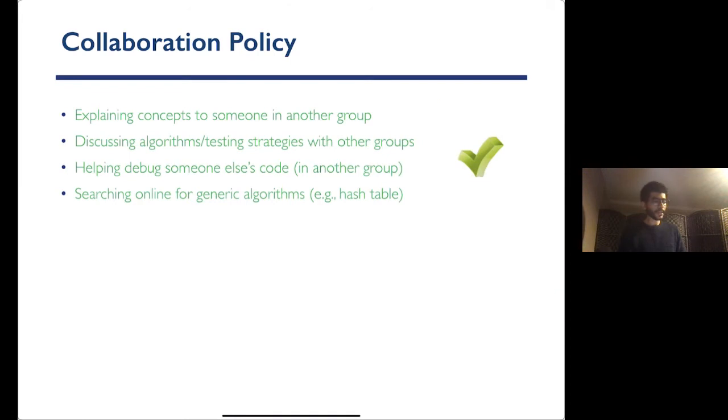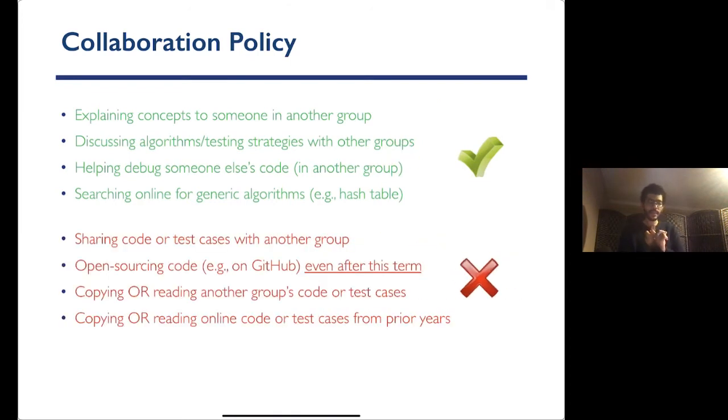Okay, now a little bit about collaboration policy. You can explain concepts to somebody else from another group. You can discuss algorithms and test strategies with other groups. You can help people debug their code only if your own code works and you're done. So you can't go and debug somebody else's code when your own code is not working.